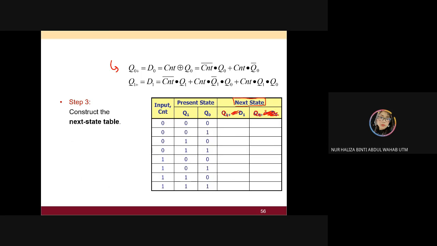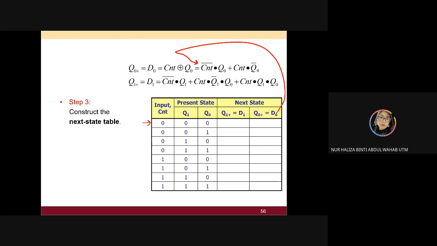Supposedly your next state will be Q1+, Q0+, but in terms of summarization it's going to be equal to D1, equal to D0.